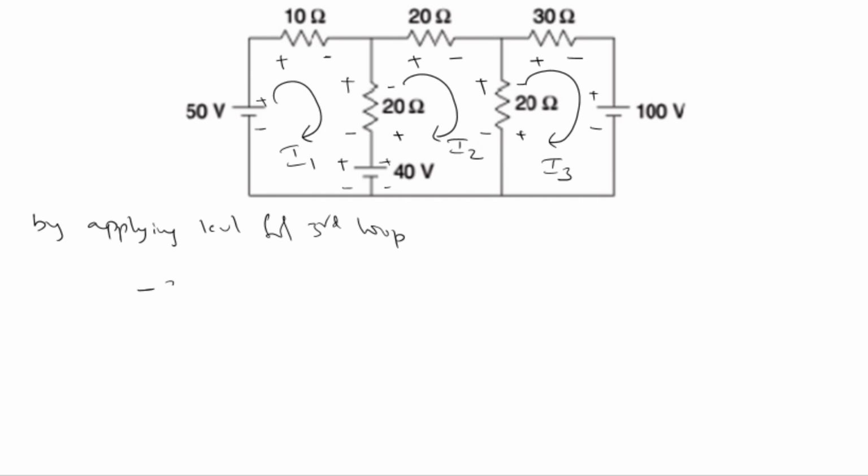Minus 30 I3 minus 100 minus 20 into I3 minus I2 equals to 0. By separating I2 and I3 terms, here there is no I1 term, only you have I2 and I3 terms. 20 I2 minus 50 I3 is equals to 100.